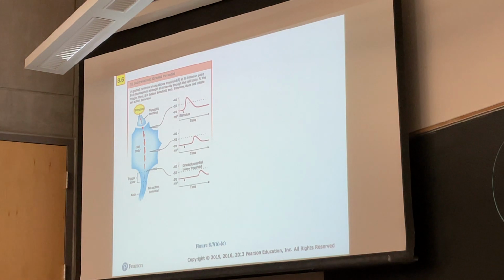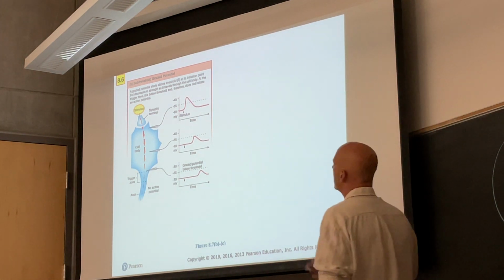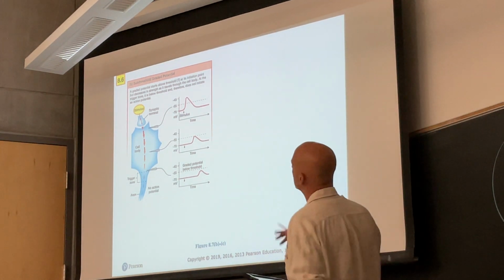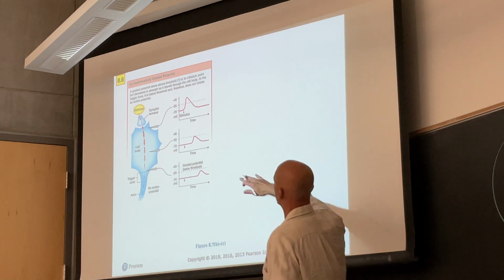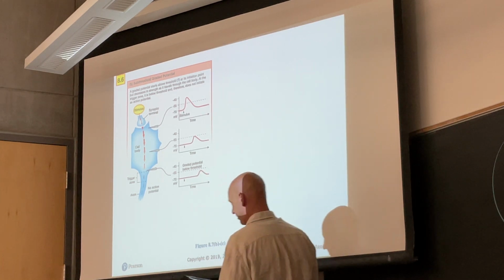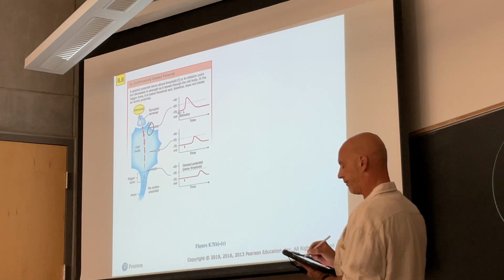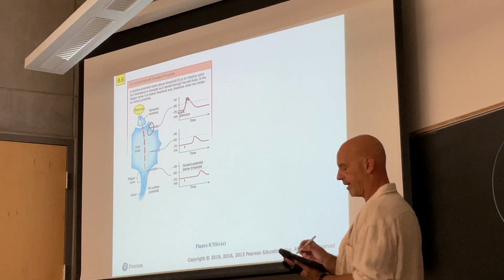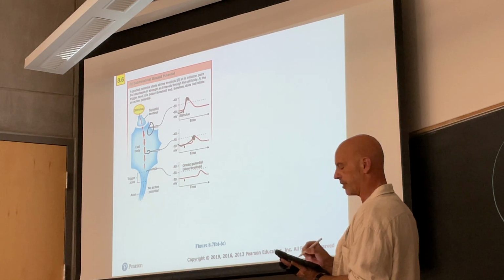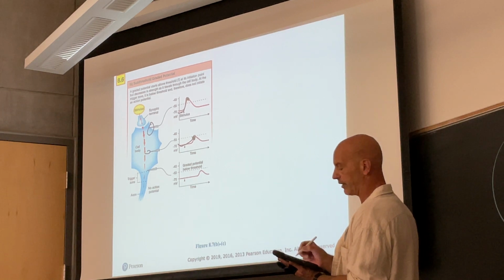All right, so if we look again over here, if it's a so-called sub-threshold, it's decreasing. If you measure it over here, you're gonna see it went from -70 to say -40 right there. And then if you measured it down here, you measure the polarization, it would be -55 right here.